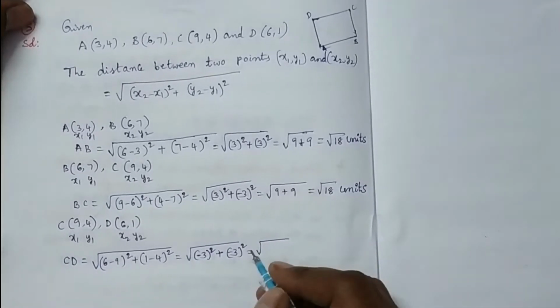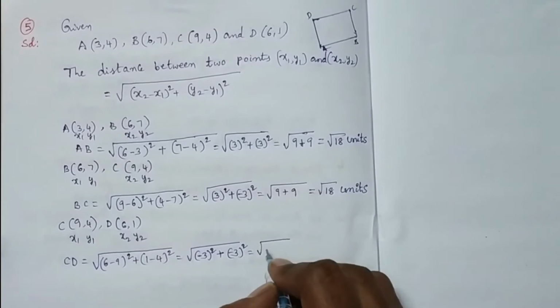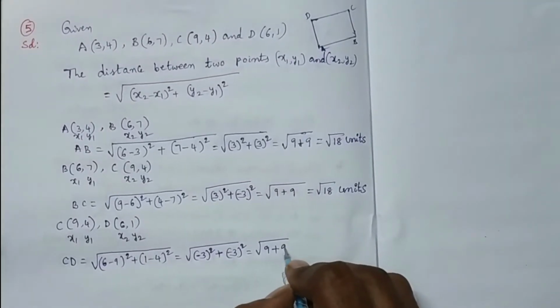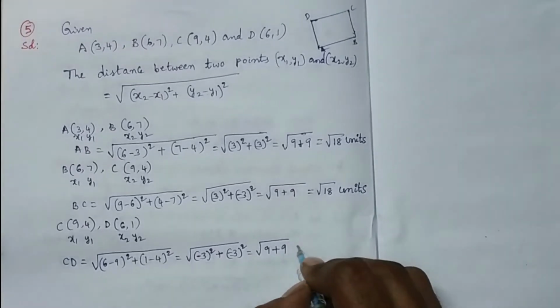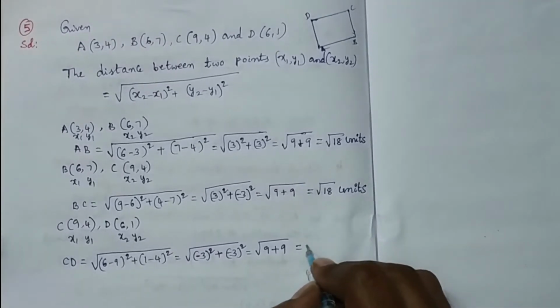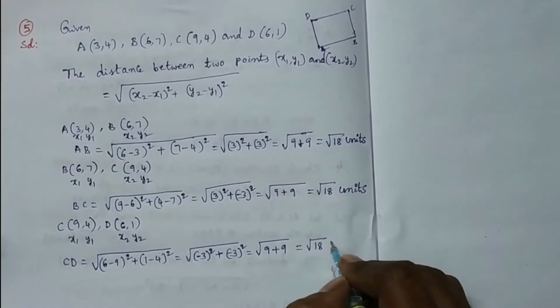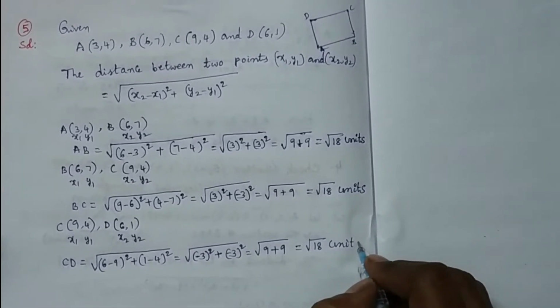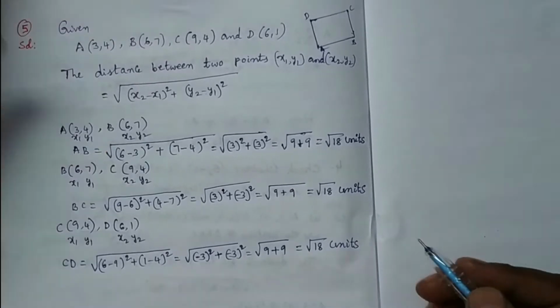Minus 3 into minus 3 is 9, same for the other, 9. So 9 plus 9, 18. So the length of CD is the square root of 18 units.